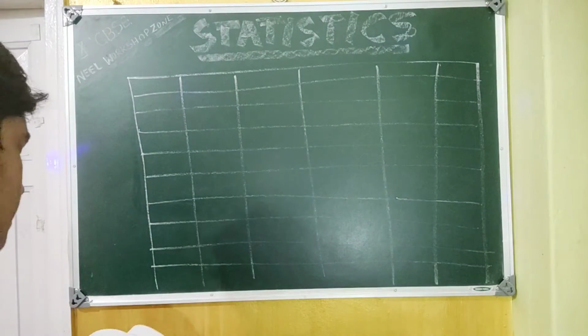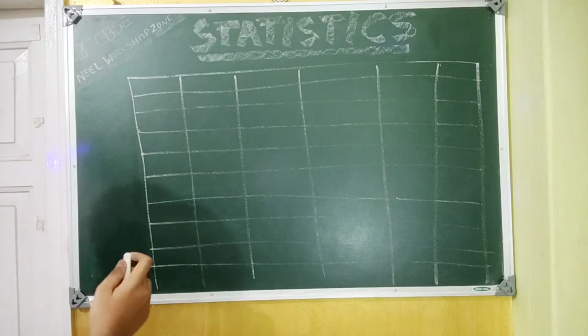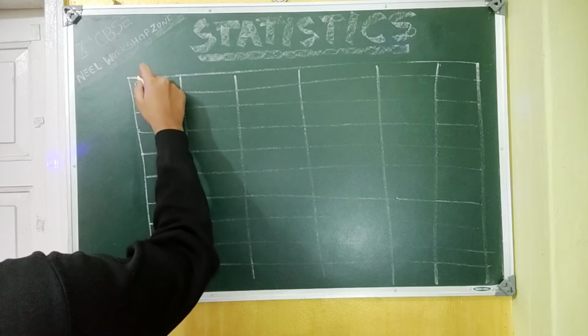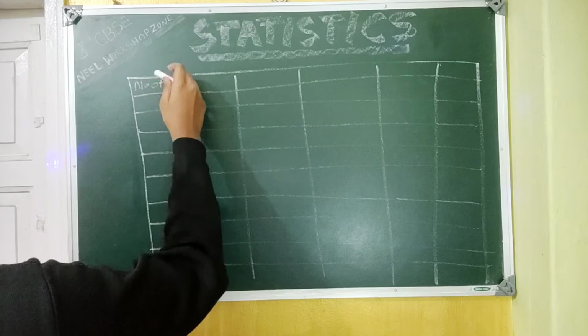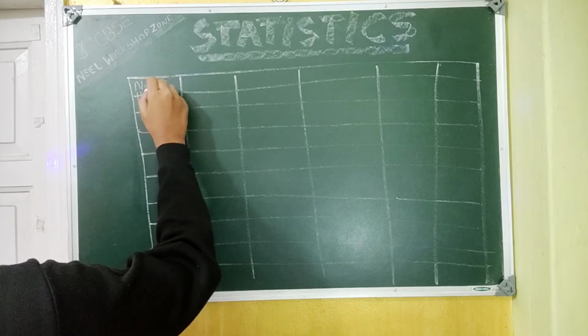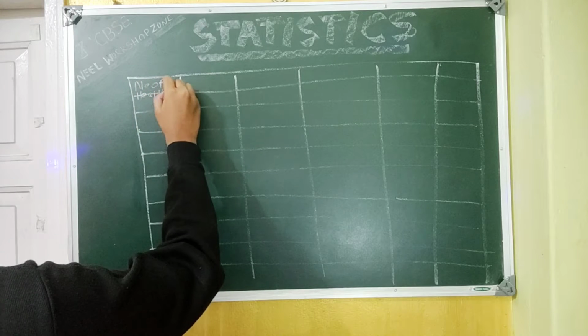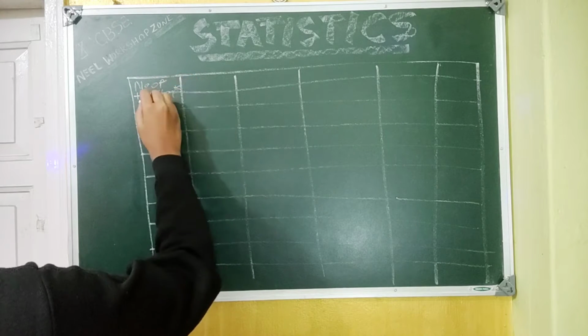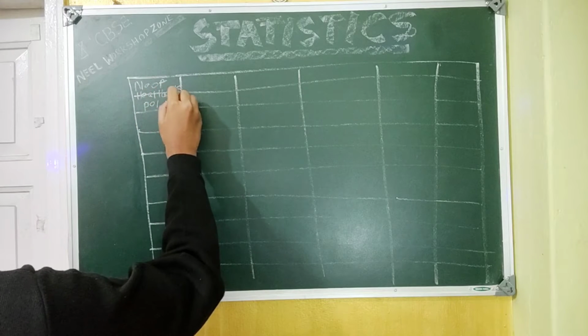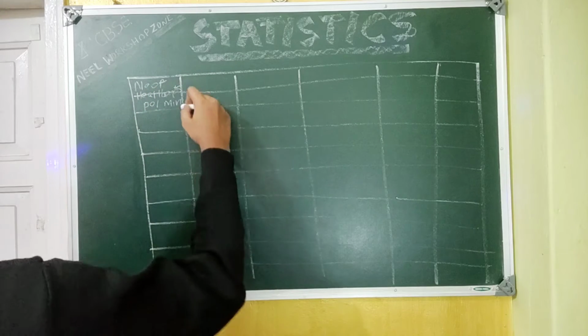So here we have a table. Now let's write down the information. Number of heartbeats per minute, and let's write down number of women.